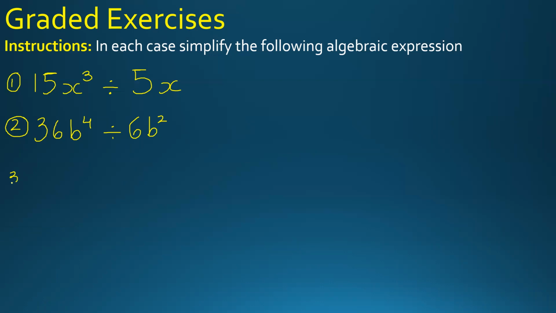Number 3, we have 32a to the power of 7 divided by 8a to the power of 5.